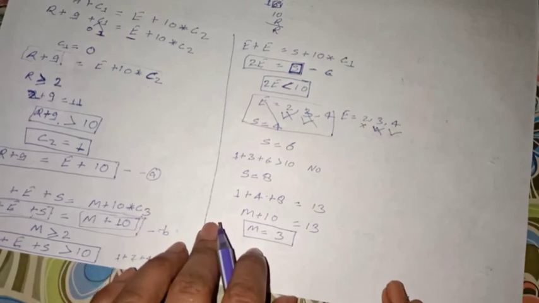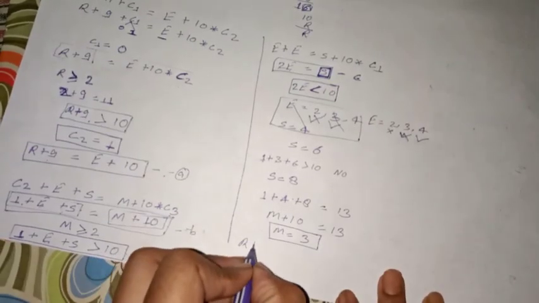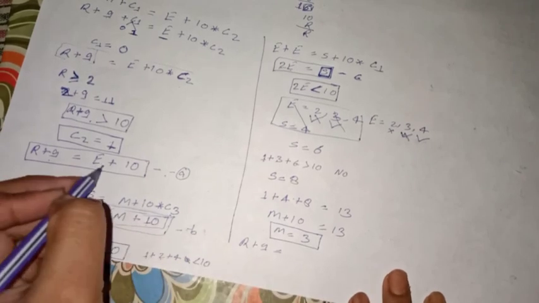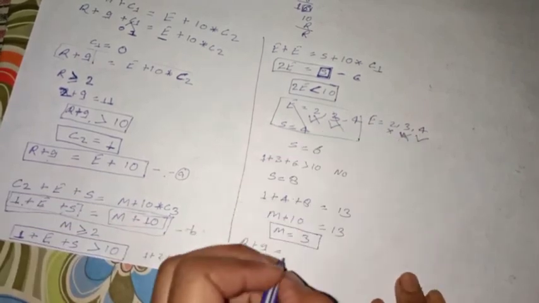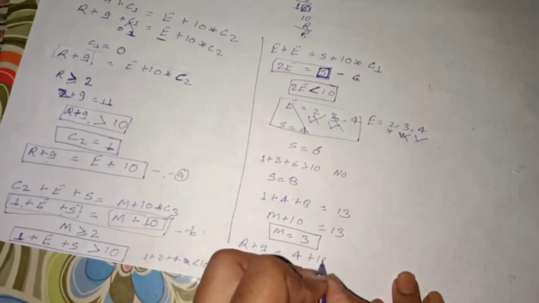There is no value overlapping with another. So we put this value in equation A, the value of E in equation A. What we got, R plus 9 equal to the value of E, which is 4, plus 10.